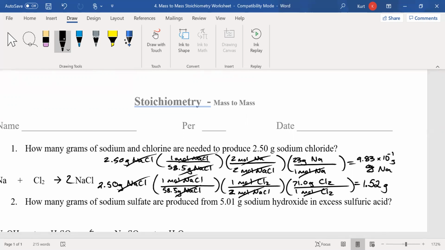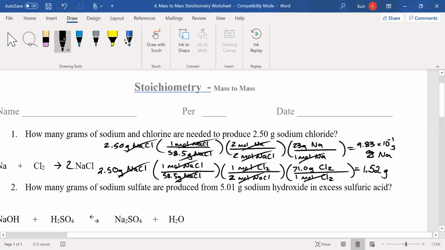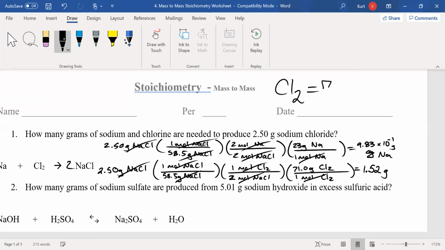Why do you have to change it back to just regular Cl? I'm not changing it back to Cl. Cl2 is 71 grams. 1 Cl is 35.5. You multiply it by 2, you get 71. Cl2 is 2 atoms of chlorine. So this right here is 71.0 grams per mole.